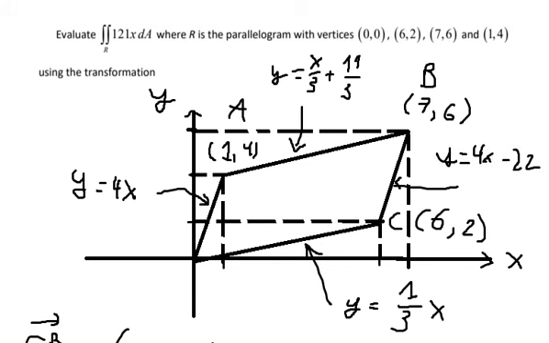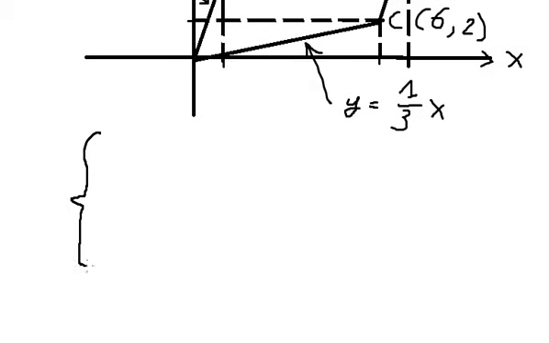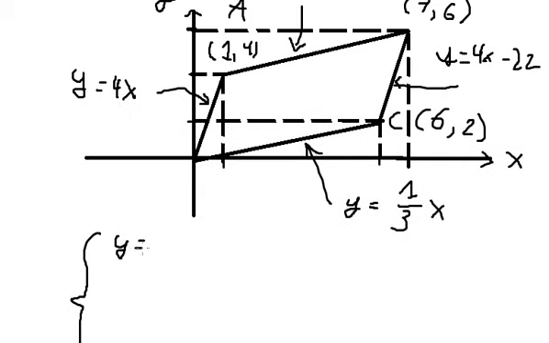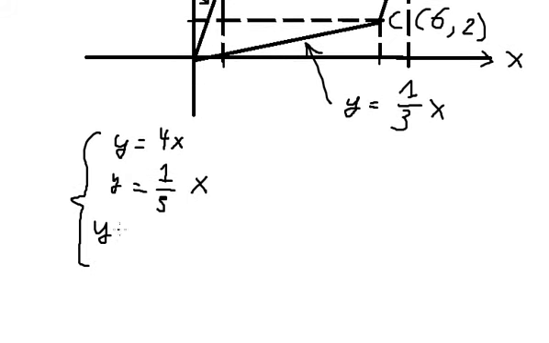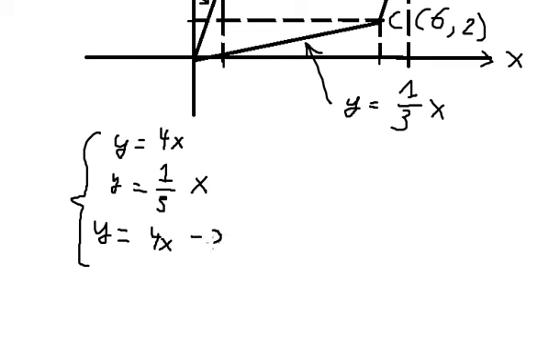Now we can use transformation. That means we need to change the variable. So we have 4 equations: y equals 4x, y equals 1 over 3x, y equals 4x minus 22, and the last one, y equals 1 over 3x plus 11 over 3.